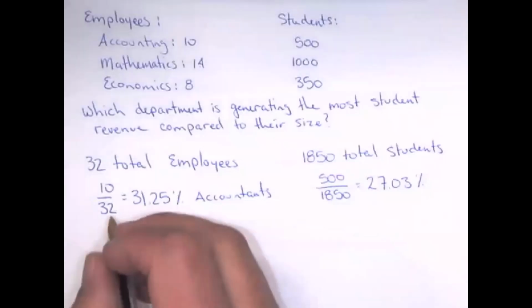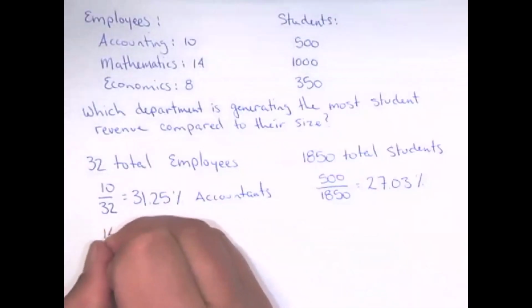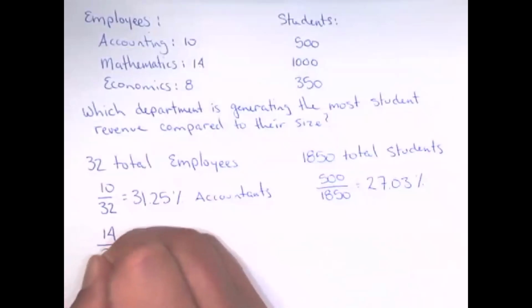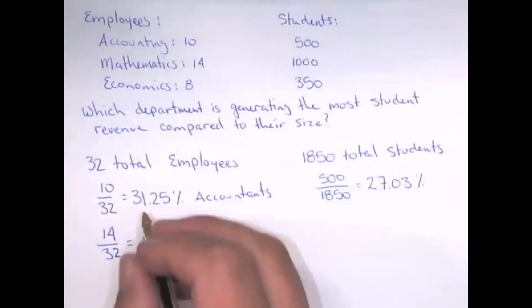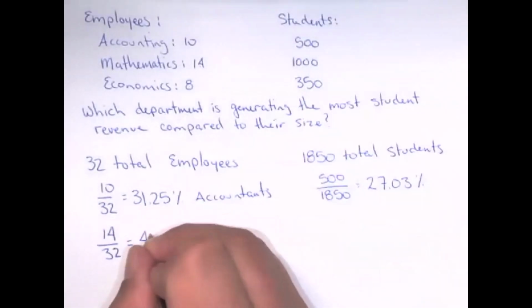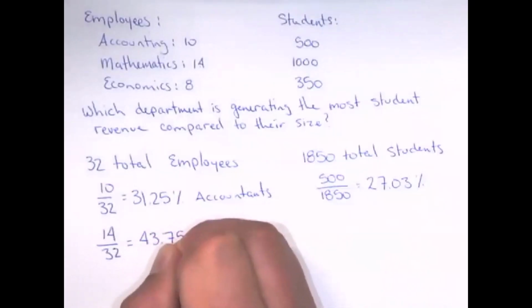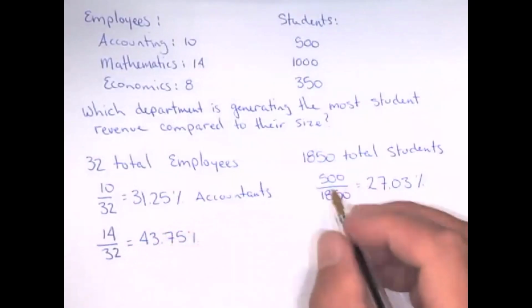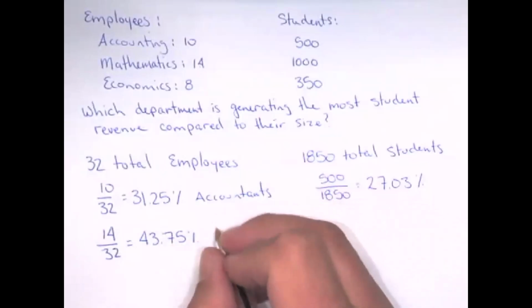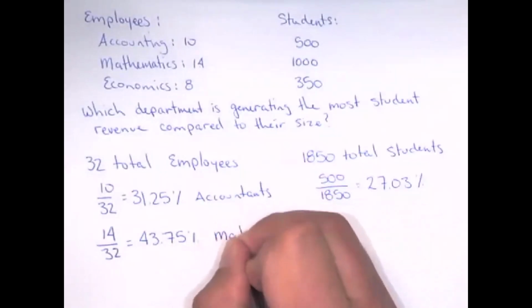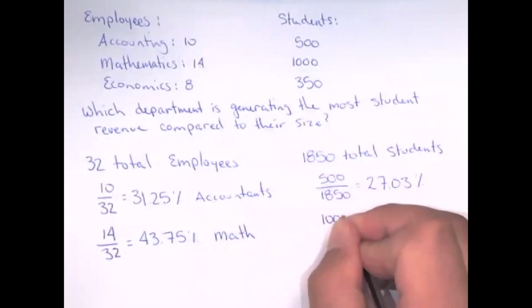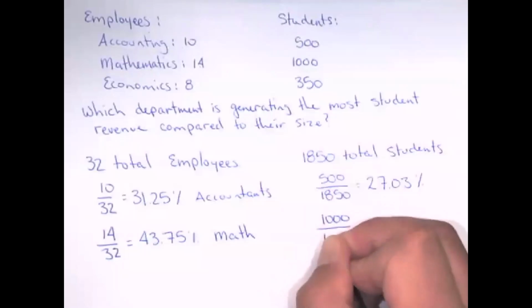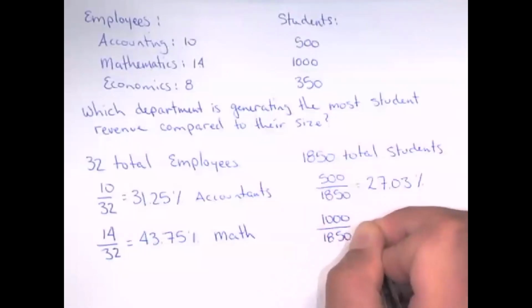How about the mathematicians? They have 14 of the 32 employees. That gives us 43.75%. And they have, so this is mathematics, they have 1,000 of the 1,850 students.